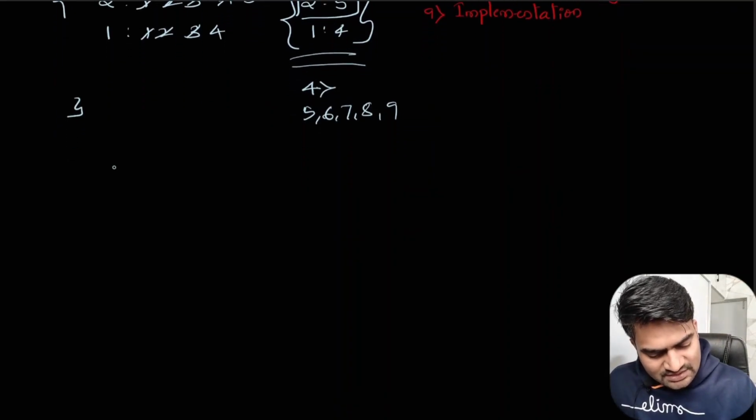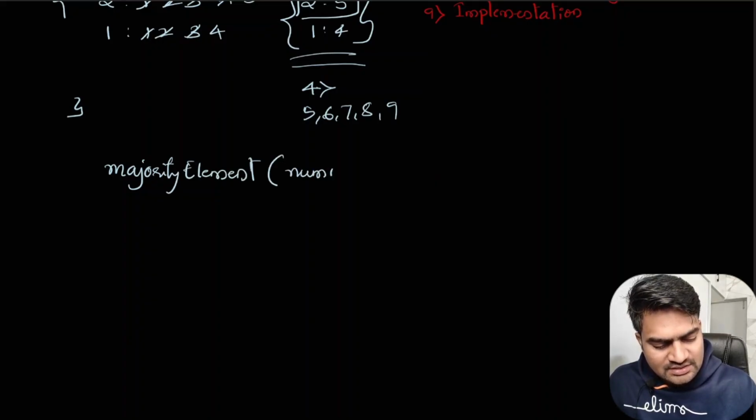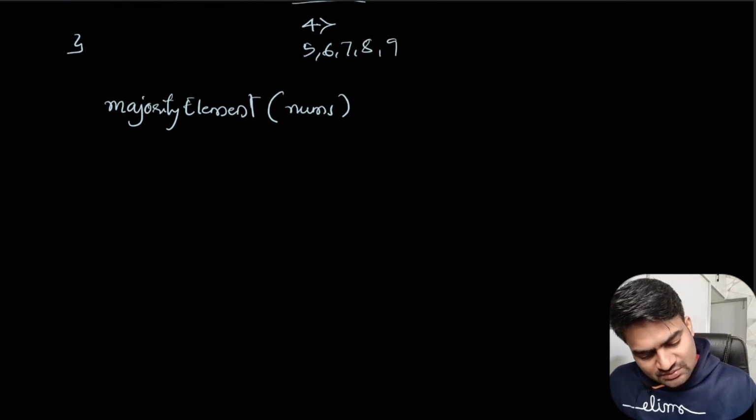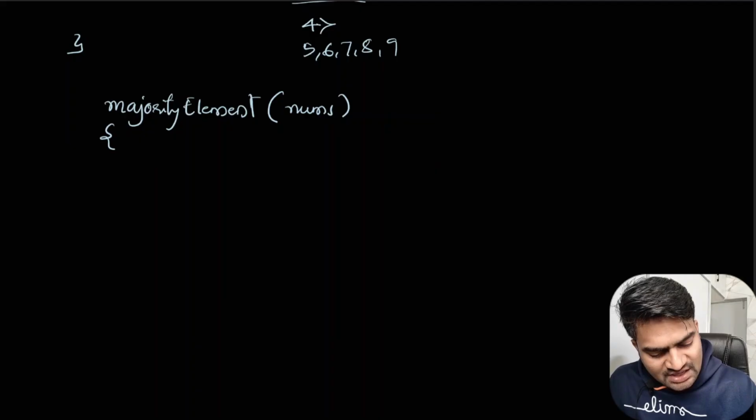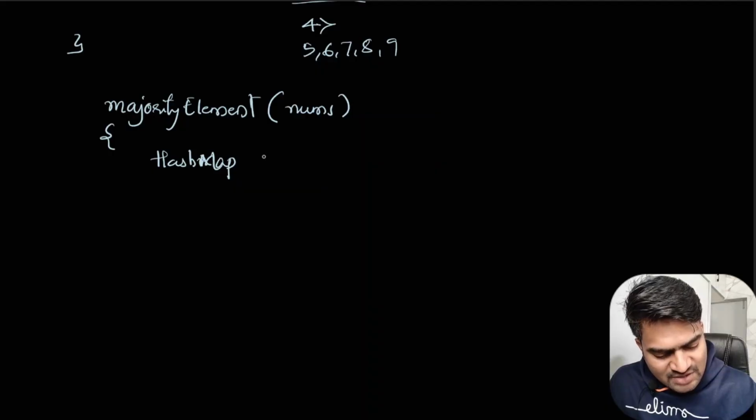So I will take a majorityElement method. It accepts a nums array. Now what I will do, I will take a hash map, or in some languages it is also called a map.